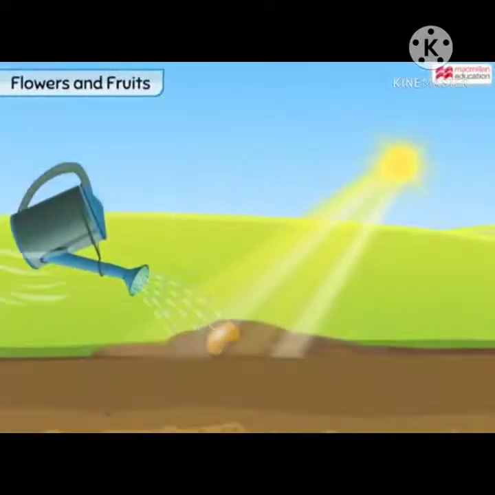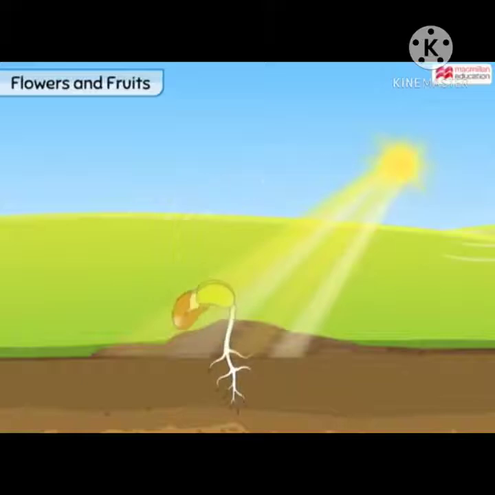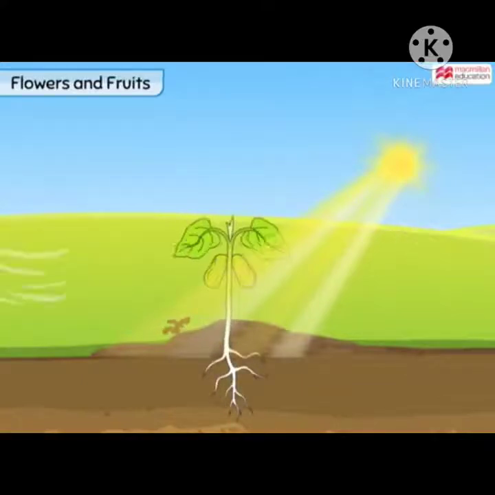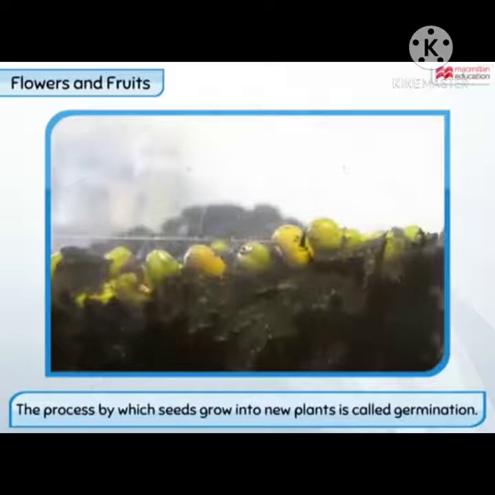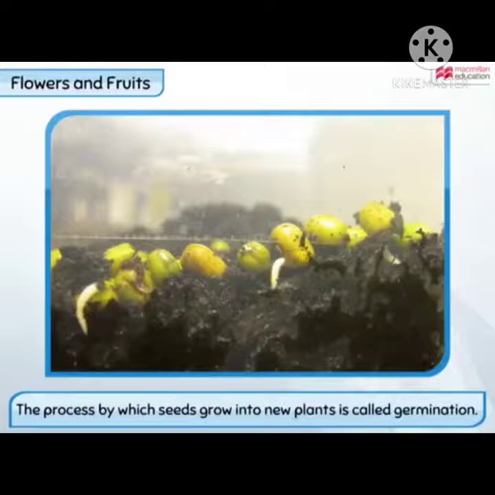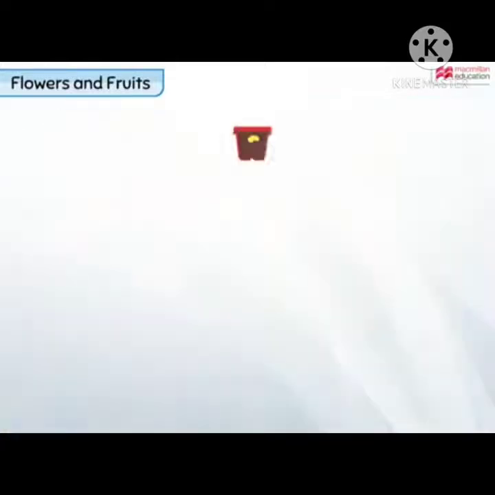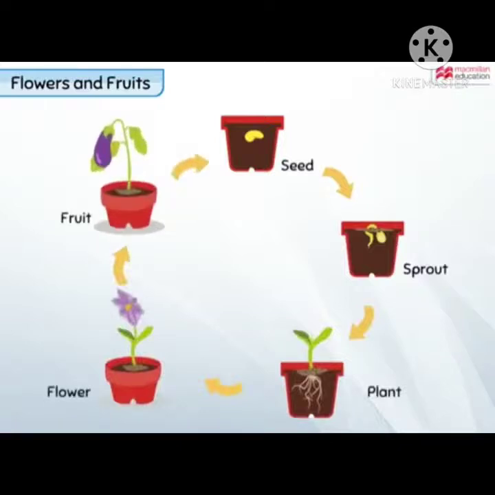When seeds are sown in soil and given enough water, air, and warmth, they grow into plants. The process by which seeds grow into new plants is called germination. So now you know how flowers change into fruits containing seeds, and seeds germinate to give rise to new plants.